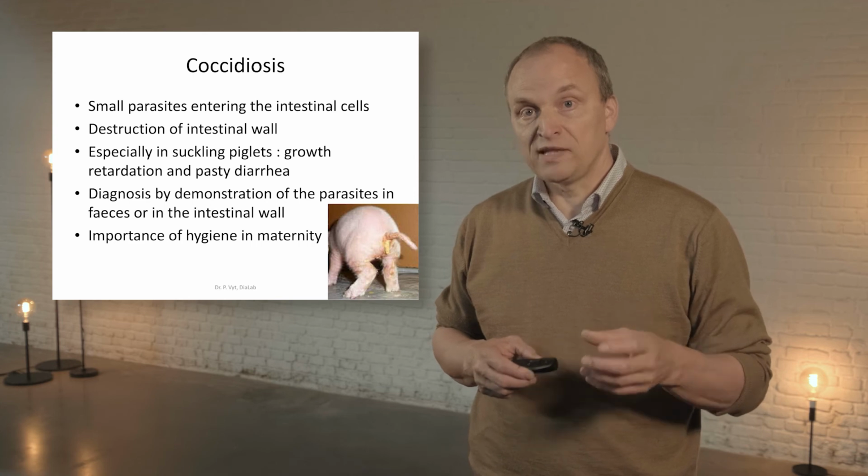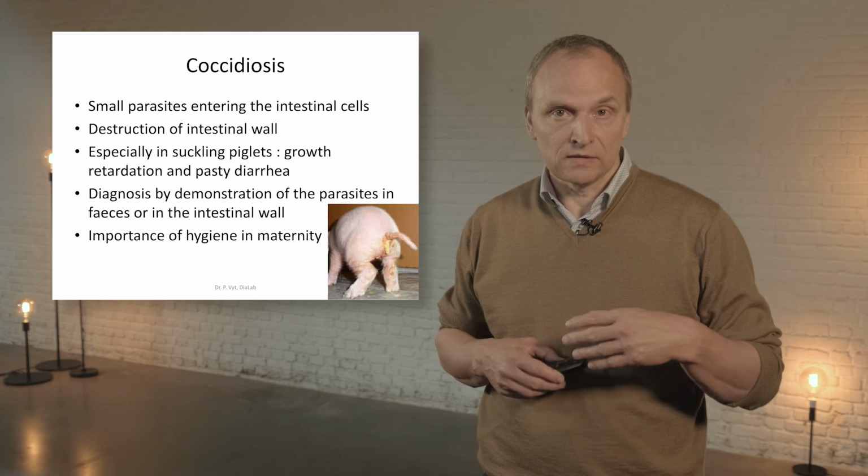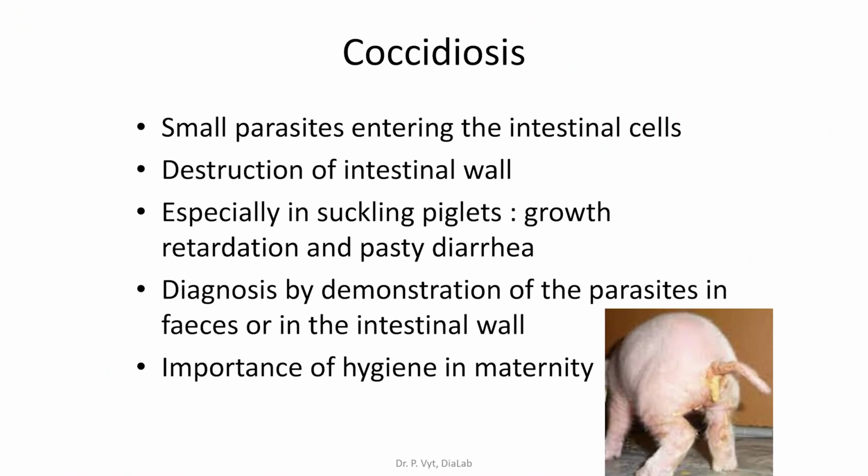A kind of pasty diarrhea mostly, not really watery. Diagnosis of coccidiosis is made by microscopy, where we see the parasites in scrapings or in feces. Very important in this condition is hygiene in maternity, because the parasite stays in the environment for a long time.